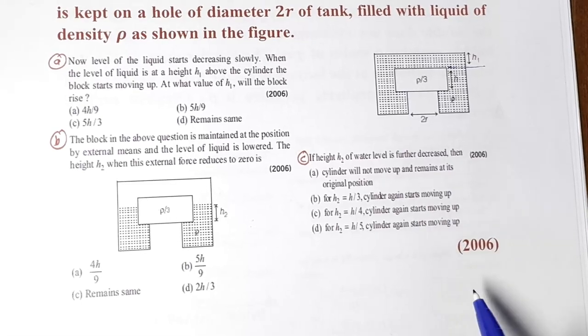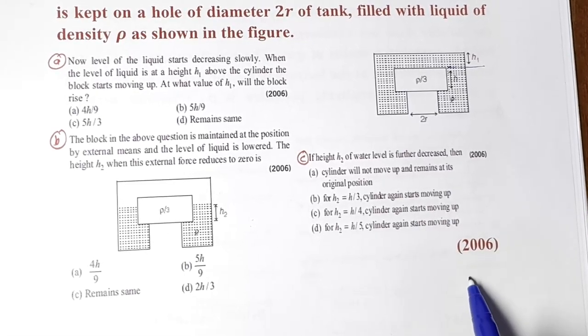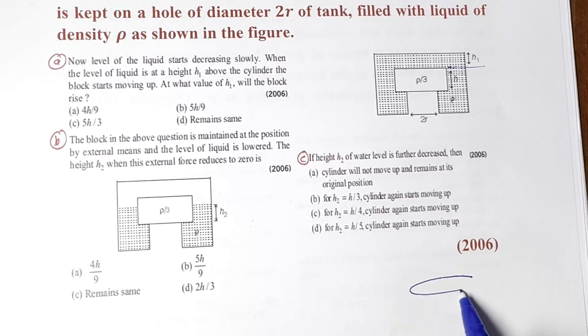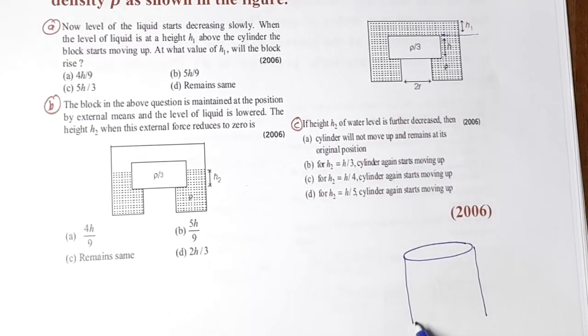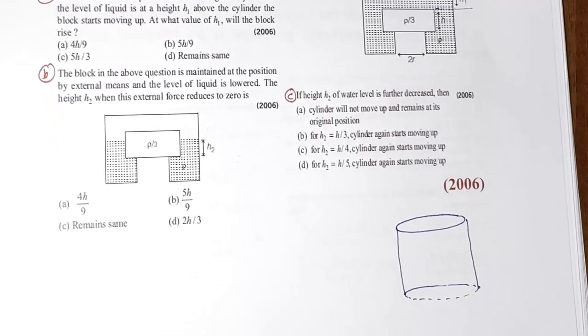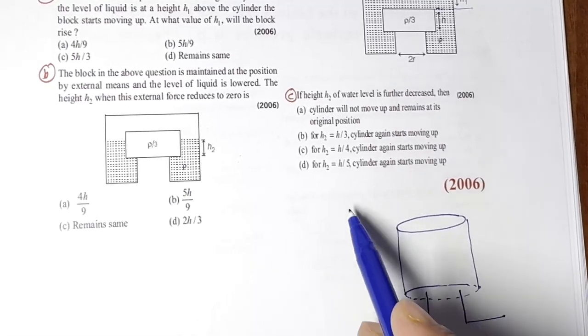So let us redraw the figure in the form of a cylinder. So this is your cylinder, and this cylinder is placed on a wooden block or a block type system, something like this.